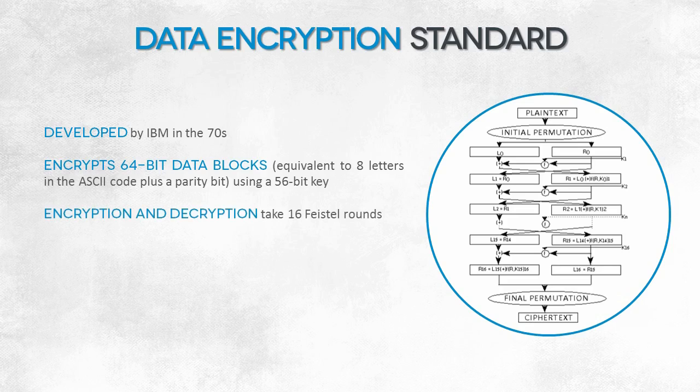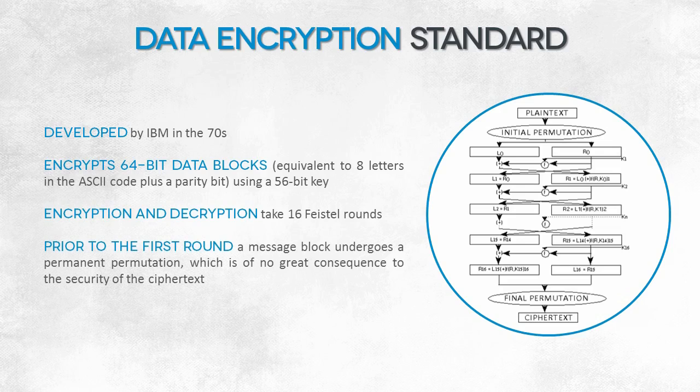The encryption process is made of 16 Feistel rounds, the rounds we mentioned before, and 2 permutations called the initial and final permutations. The initial and final permutations don't contribute in any way to overall ciphertext security, or their contribution is small and insignificant. It's unclear why they were brought in the first place.